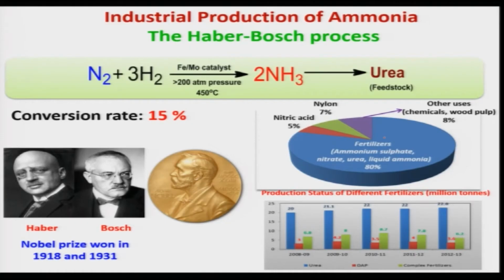Not only urea, but also ammonium sulphate, nitrate and liquid ammonia: all around 80% would be nitrogenous ammonia-related products, and there are 5% nitric acid, 7% nylon and other uses also.